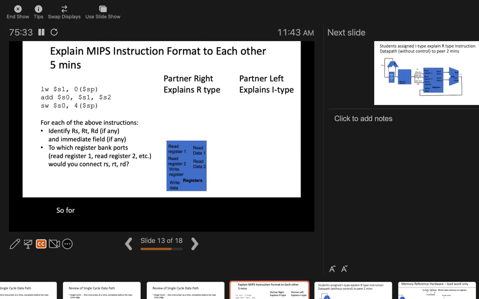In store instruction, the value which is in SP is added with 4. Yeah, the value which is in dollar SP is added to 4, and your address is calculated. So what you need to do is maybe send SP here, and out comes the value of SP. Right? And then the immediate bits are 15 to 0.